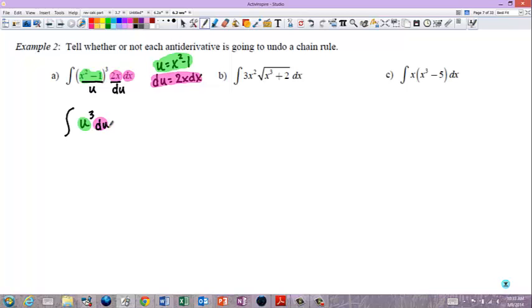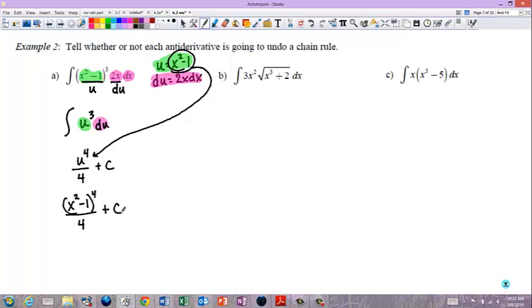And then I integrate the u cubed. Well, the integral of u cubed is u to the 4th over 4 plus c. And then all I do is I substitute my x squared minus 1 back in where the u is. So it's x squared minus 1 to the 4th over 4 plus c.